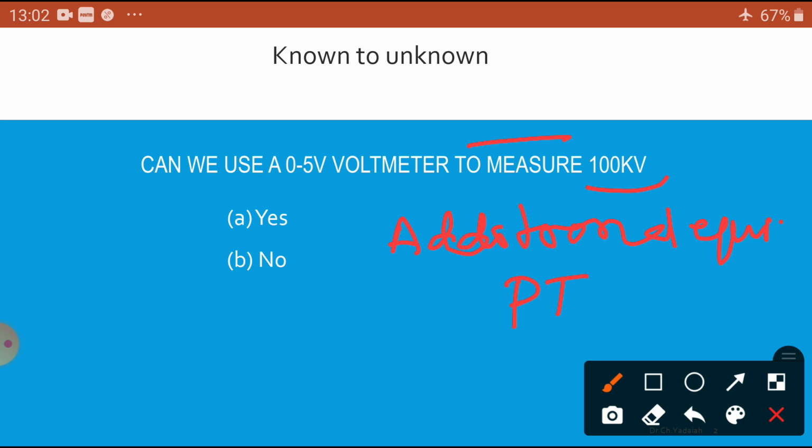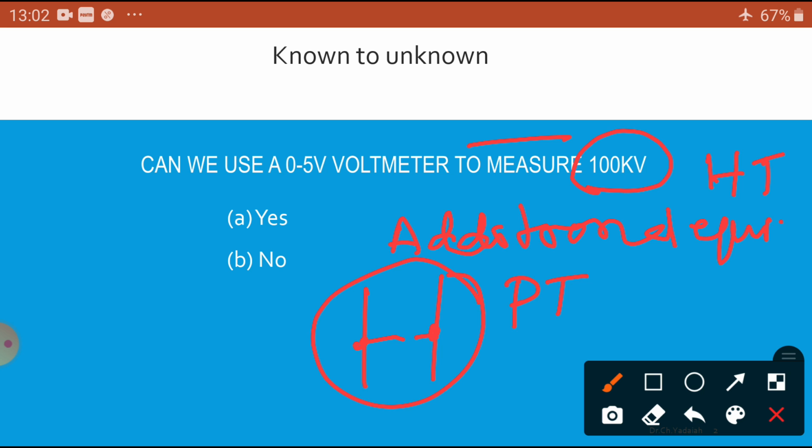Because 100 kilovolts is a high tension voltage, HT voltage. You cannot approach even within 1 foot to know the potential difference between the R phase and Y phase, since at HT voltage you may get the induction effect.